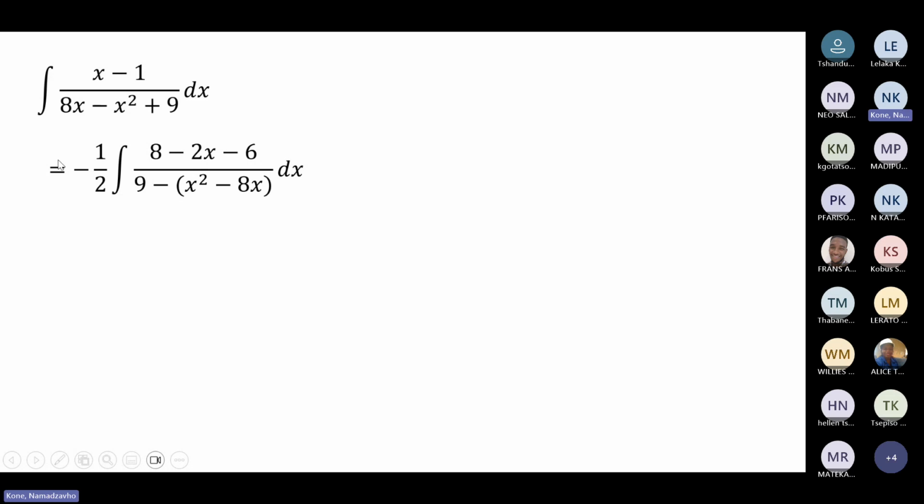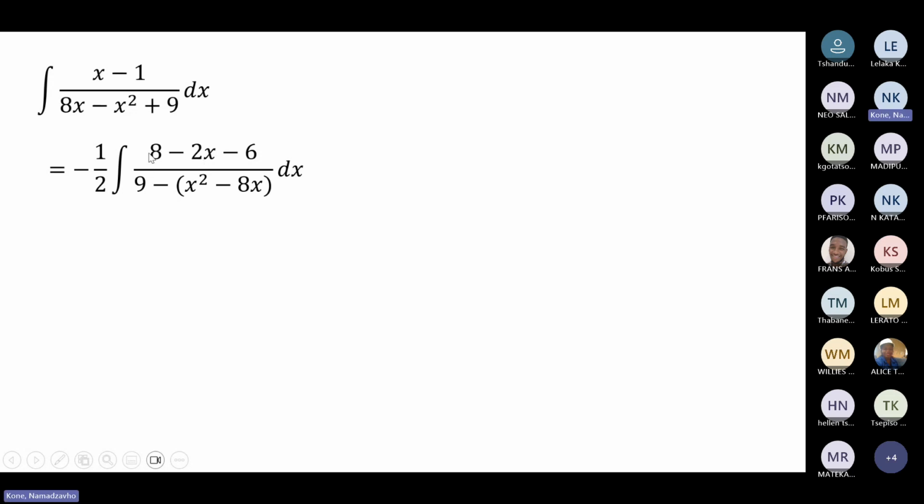Then another thing now, when we have this as 1 minus x, it must be 8 minus 2x. Then immediately we write 8 minus 2x. So for 8 minus 2x, to get back to this x minus 1, we need to divide each and every value here by 2. When we divide this by 2, we get the minus x.